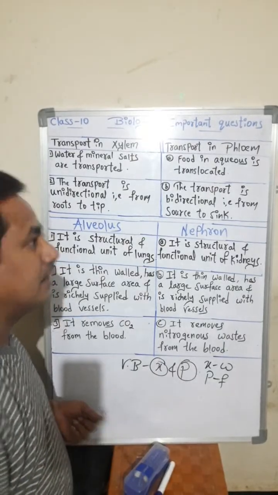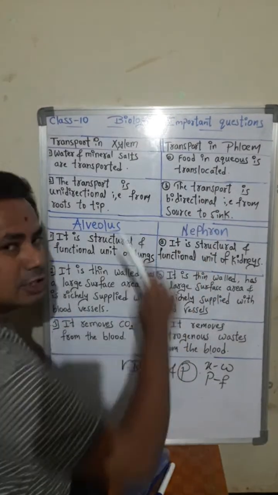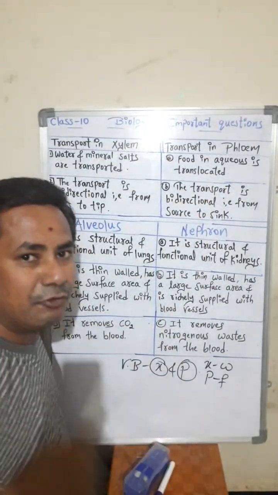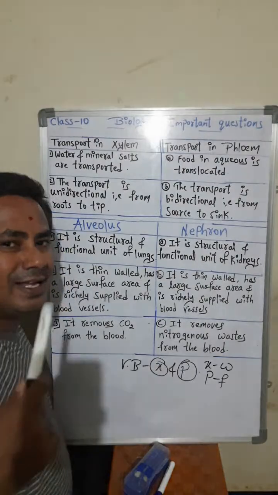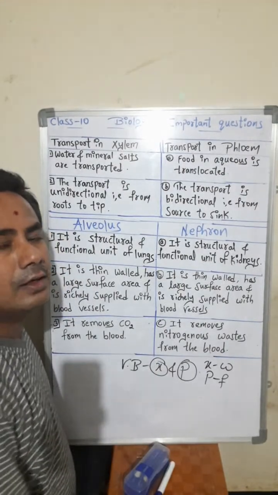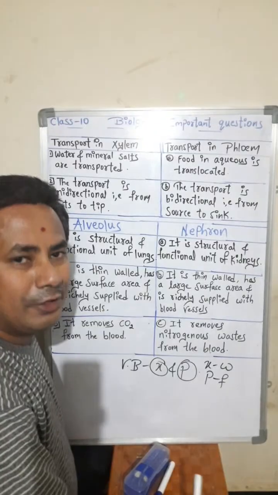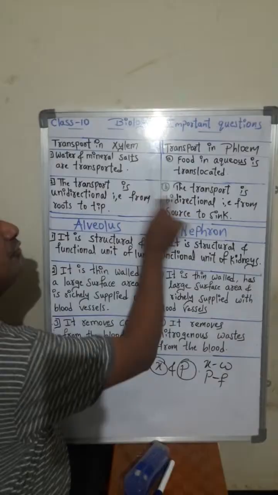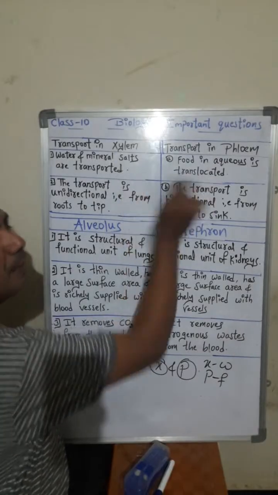How is the food translocated? In aqueous, that is liquid or fluid form. So this is the first difference between xylem and phloem.